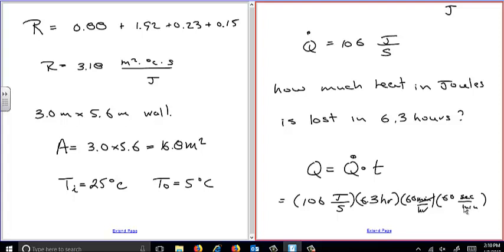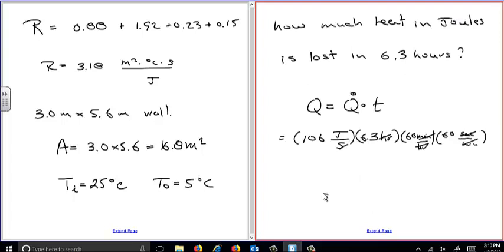The units cancel, and you get 106 times 6.3 times 60 times 60, which is about 2,400,000 joules. So that's how you calculate heat transfer from heat transfer rate, as long as you assume everything's constant, including the temperature difference.